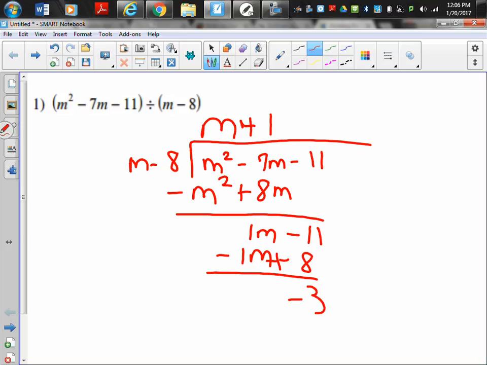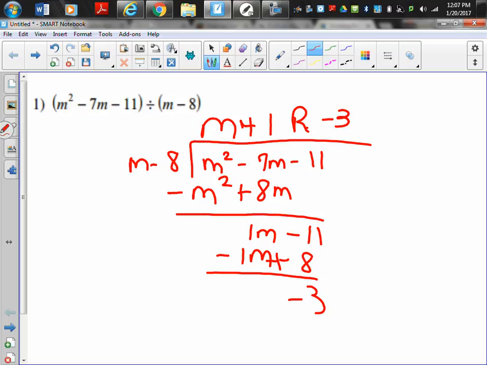M times what is negative 3? There is nothing that I can multiply m by to get me just the number negative 3. So this is the remainder, negative 3.